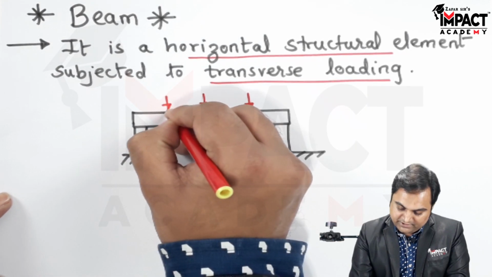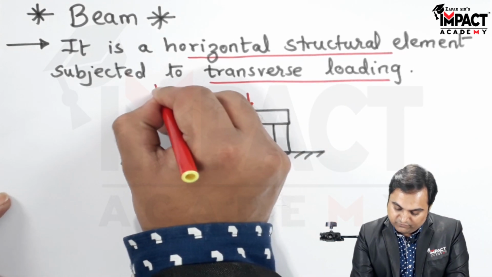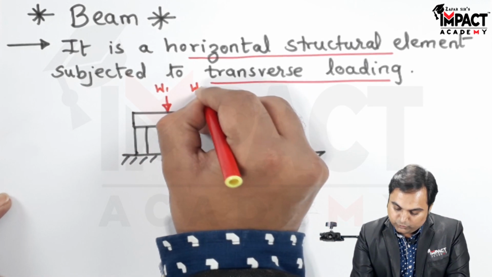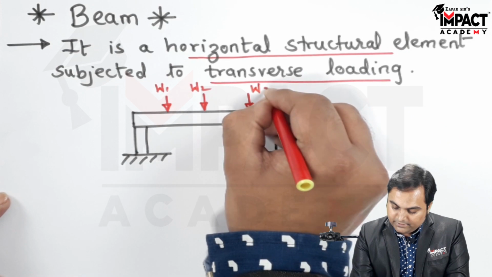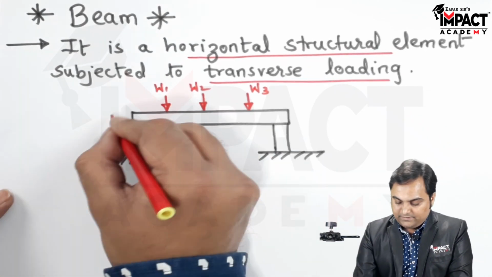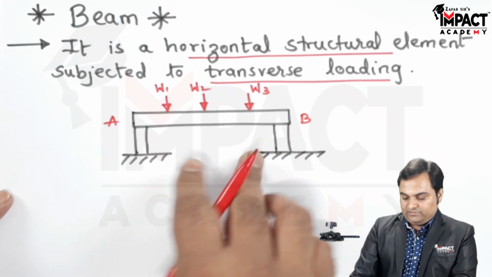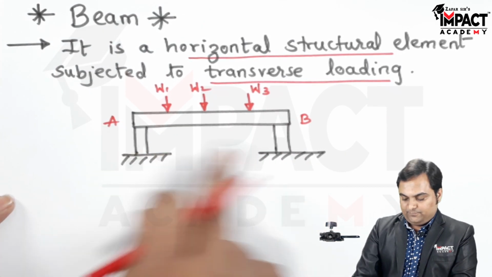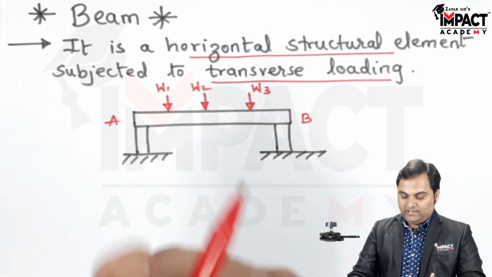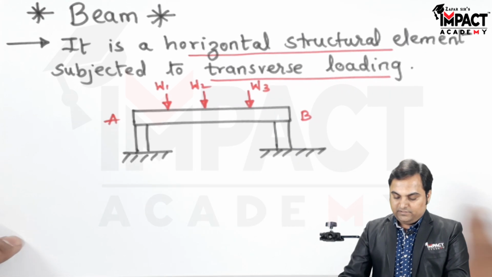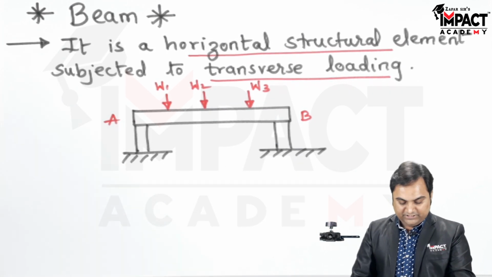I am just showing an example here that we have loads W1, W2 and W3 acting on this beam, and then there are supports at A and B. So the load would try to move the beam in the downward direction, but the supports would be offering the reaction in the upward direction, and because of that the beam would be in equilibrium condition.